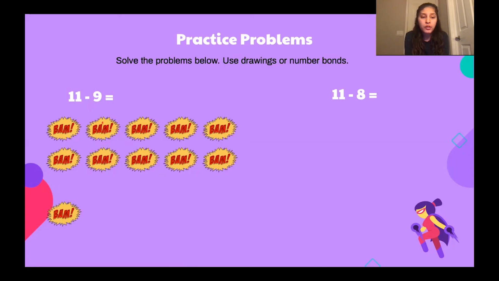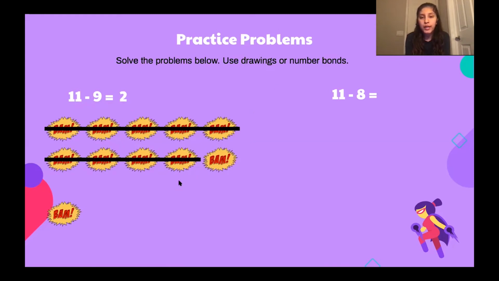So 1, 2, 3, 4, 5, 6, 7, 8, 9. So now how many bams are left? 1, 2. So 2 are left. So 11 minus 9 equals 2. Now, that's the answer for that one.